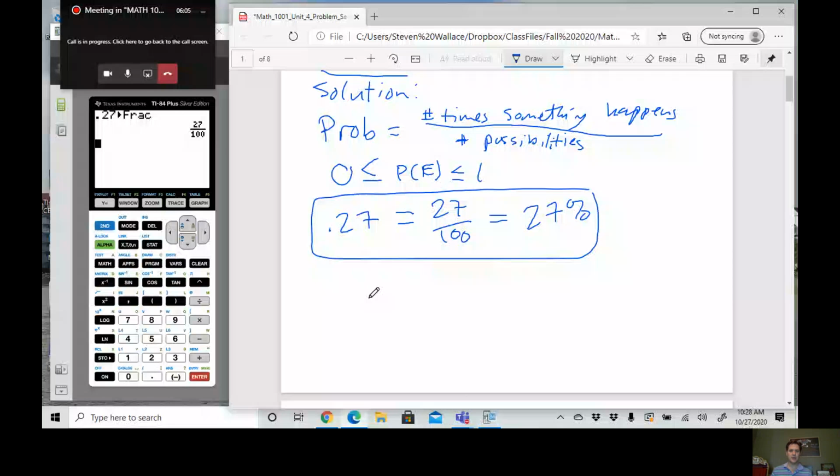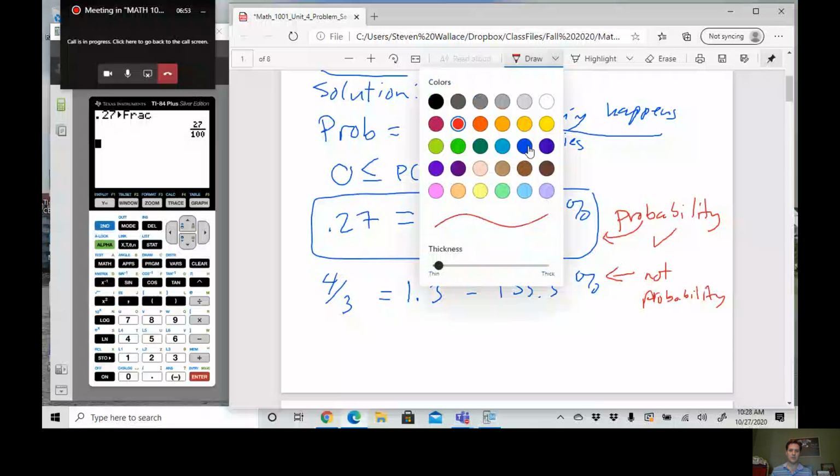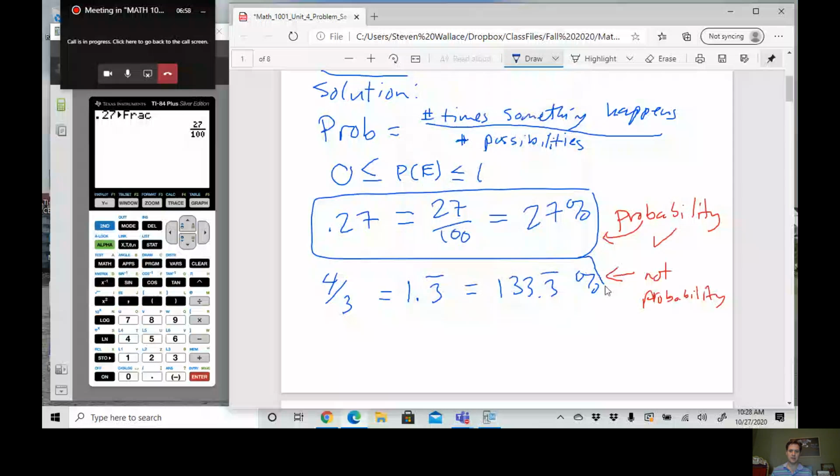This one here, we know this could be the probability of something, check, because it is between 0 and 1. This one is not the probability of something because it's bigger than 100%, or bigger than 1 as a decimal, right?